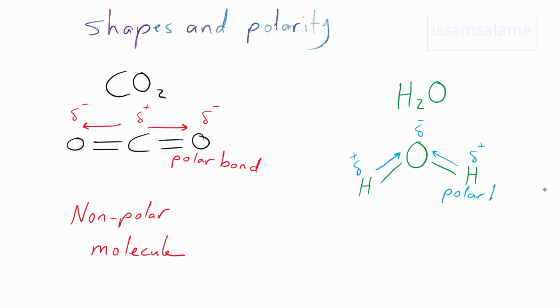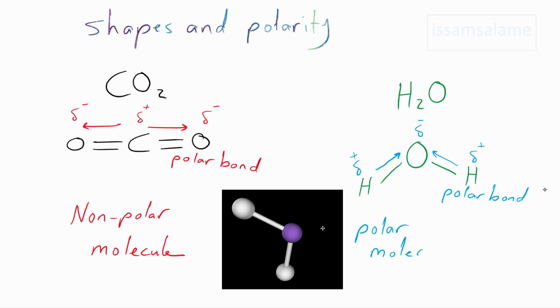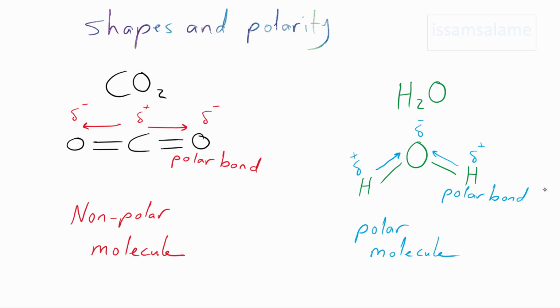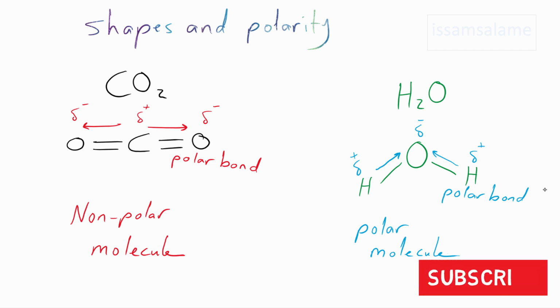The alignment of the bonds is not opposite, so the resultant is not going to be equal to 0. And here the bonds are polar, and also the molecule is polar since the bonds do not cancel each other. And this difference in polarity causes difference in properties. That's why carbon dioxide is a gas at room temperature, while water is a liquid at room temperature.